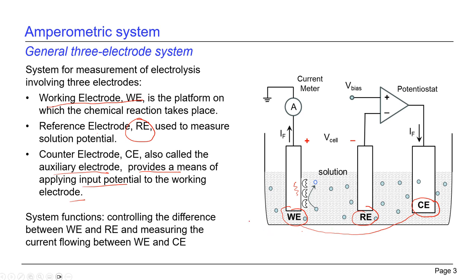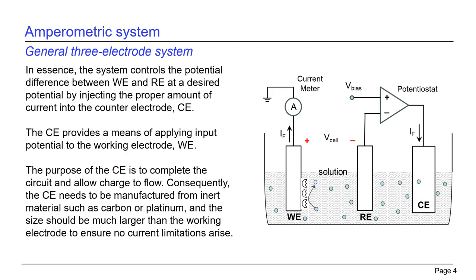Basically, the way the system functions is that we control the difference between the working electrode and the reference electrode and measure the current flowing between the working electrode and the counter electrode. So we've got the control aspect of the working and the reference electrode, and then the current flow relates to the measurement that is actually of interest in terms of the concentration of the analyte.